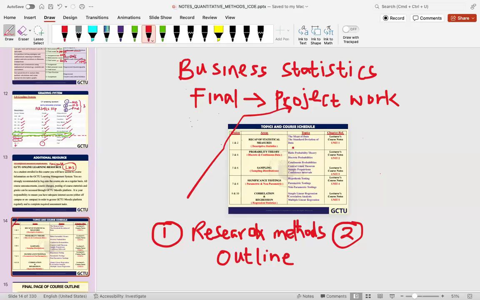Then what we are doing, quantitative methods, will help you to do your data analysis. That is why we are spending time on this course. It is going to be your tool for data analysis.